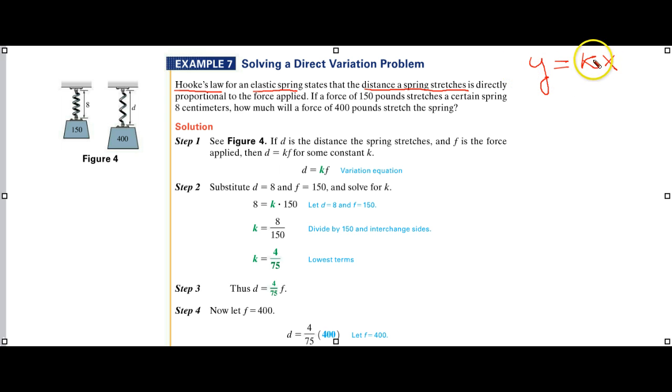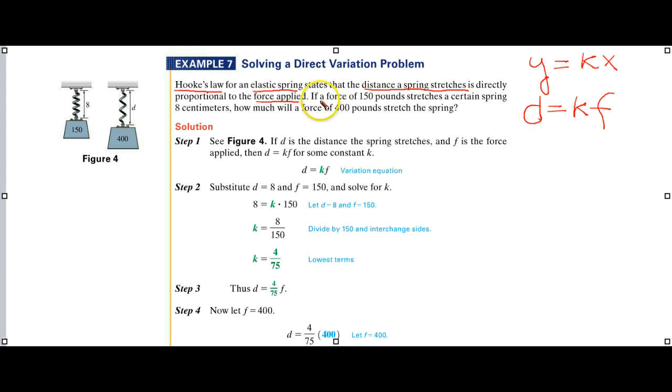Now, what they've done here, though, is give you other words, or in this case, letters that we'll use to replace the y and the x. So what did we say this is? It says the distance a spring stretches. So we're going to say this is d, replacing the y with d, equals, now our k stays the same, we don't know that, is directly proportional to the force applied. So we're going to replace the x with the letter F.